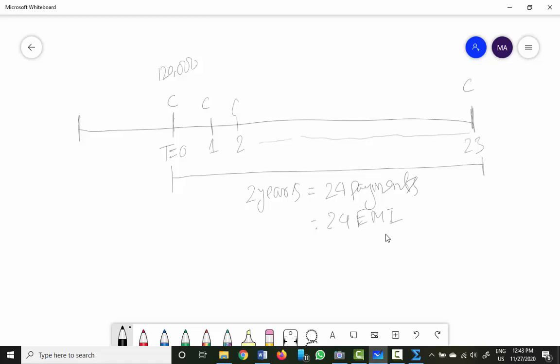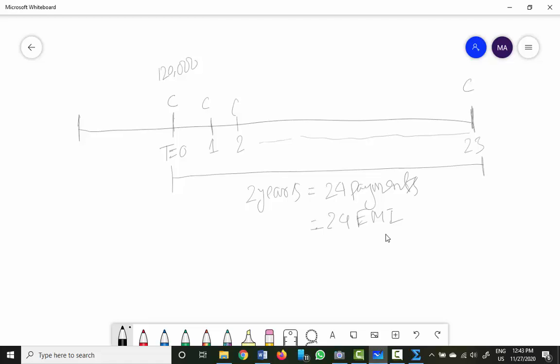Right? So we can do it in another way also. Since the payment starts at the beginning of the period, this is an annuity due problem. Today itself you need to pay your first installment, so payment is made at the beginning of the period: annuity due.